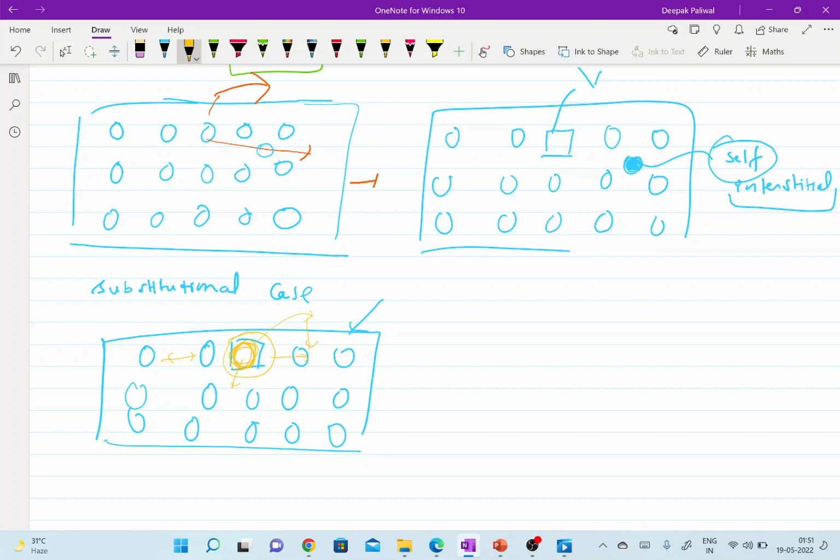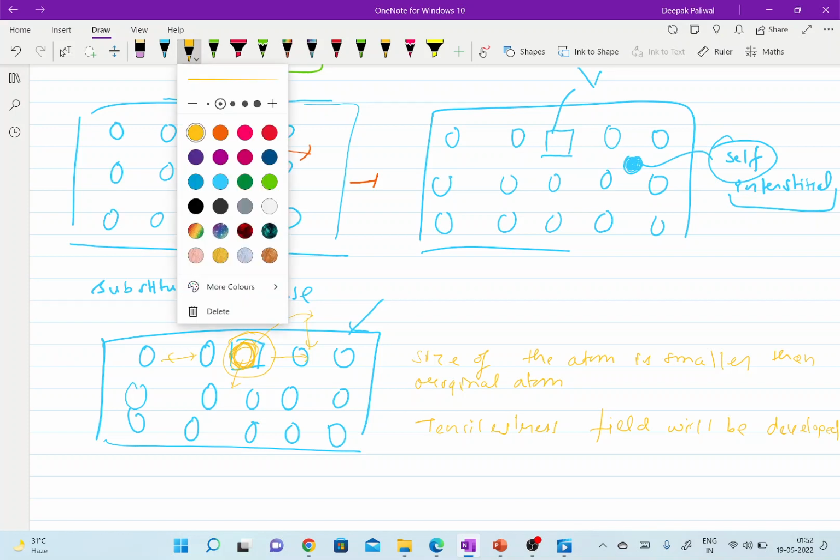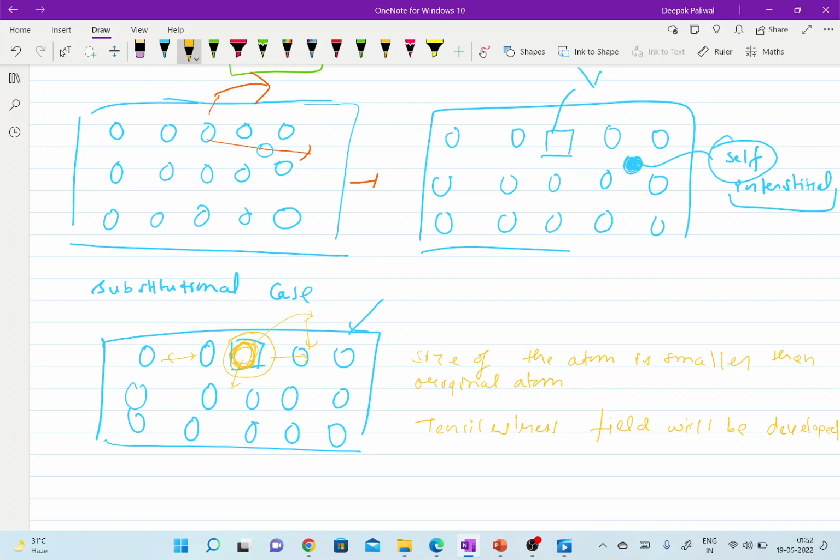Suppose the size of the atom is smaller than the original atom, then a tensile stress field will be developed. So depending on the size of the atom, various stress fields will be generated.